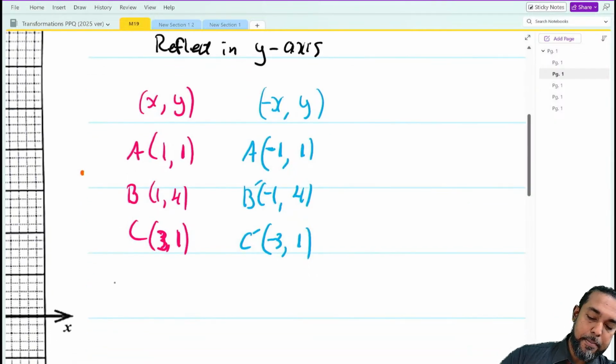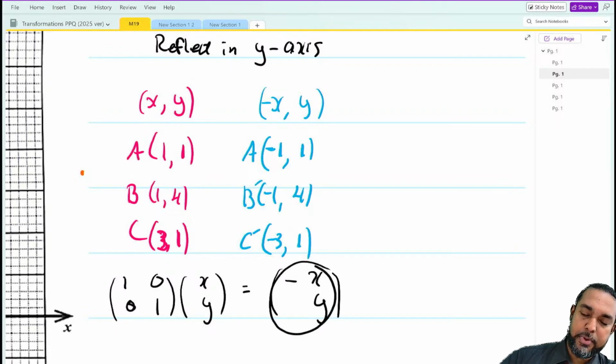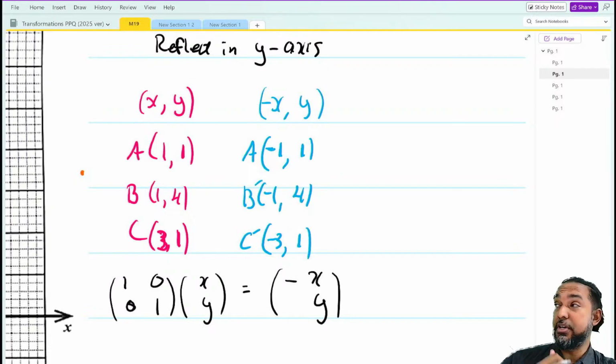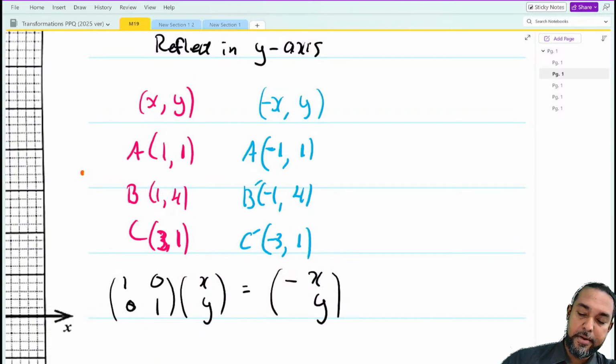So if you think about it, if we have the 1, 0, 0, 1, right? And you want to get from x, y to minus x, y, only one has to change, right? Which one? To go from this to minus x, y, which item has to change?